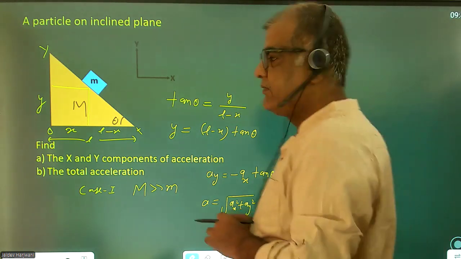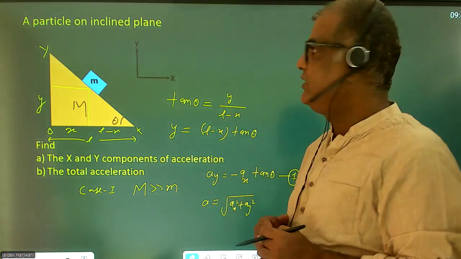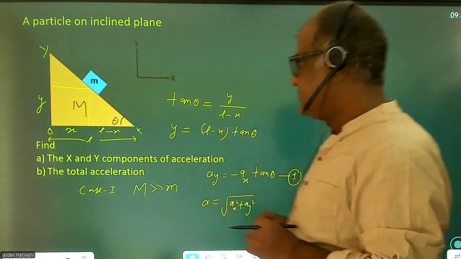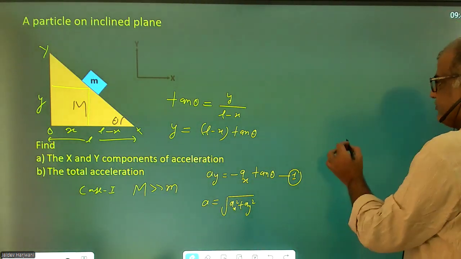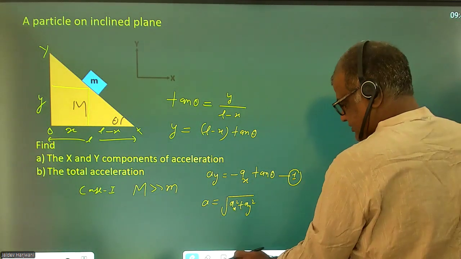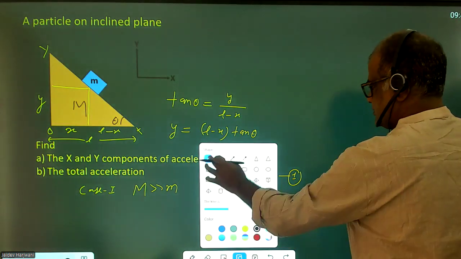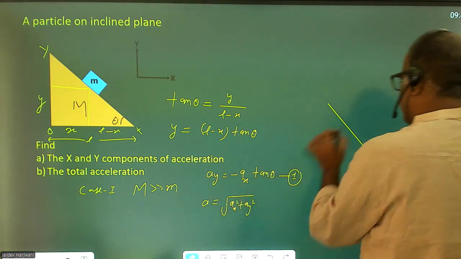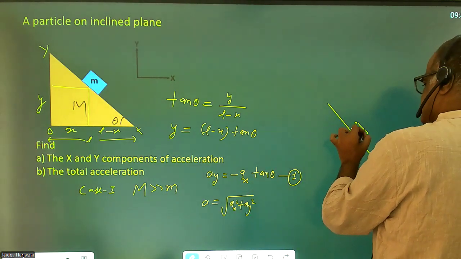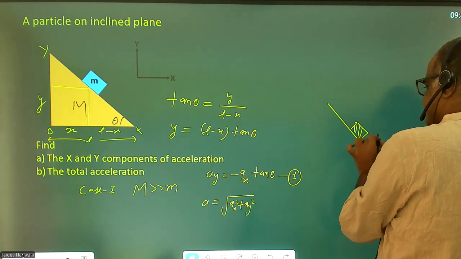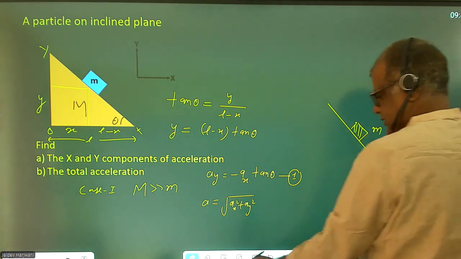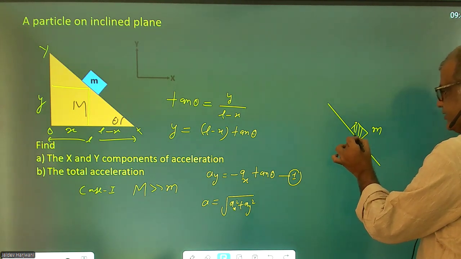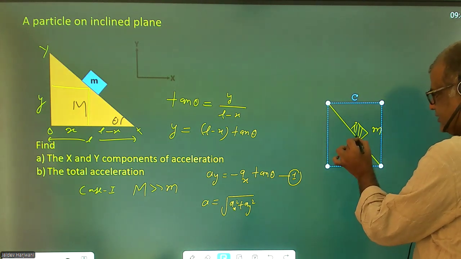Now let us see how to approach this problem. In order to solve it using Newtonian mechanics, we have to consider all the forces acting on this mass. Say here I have a mass m, and the gravitational weight will be acting downward.